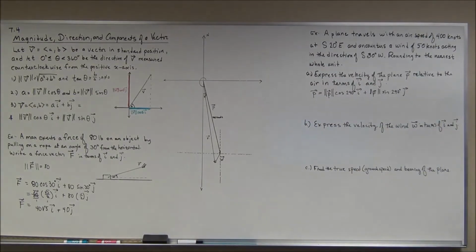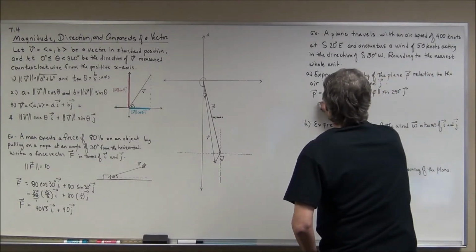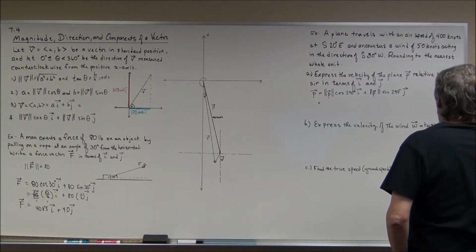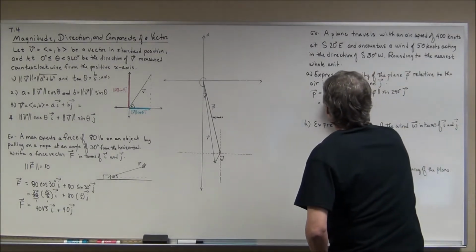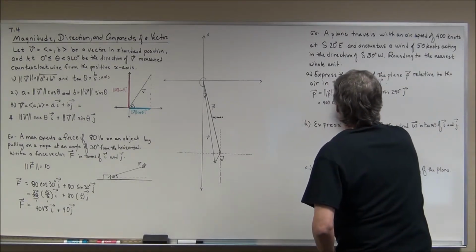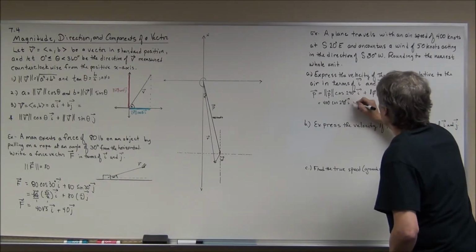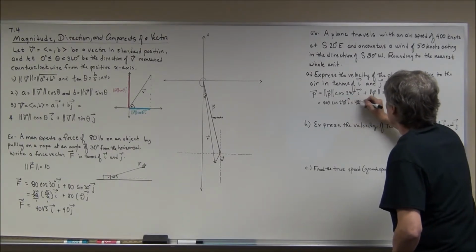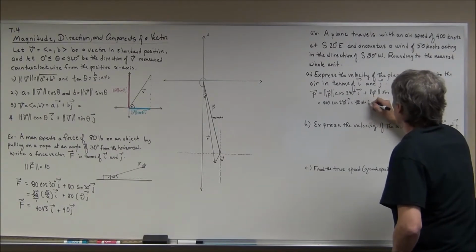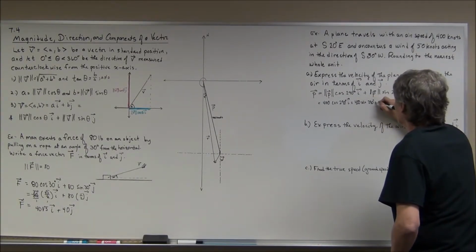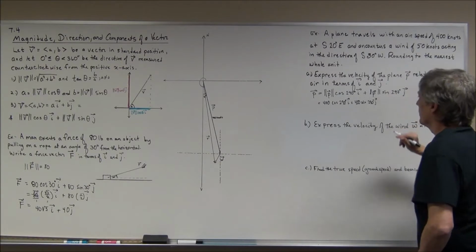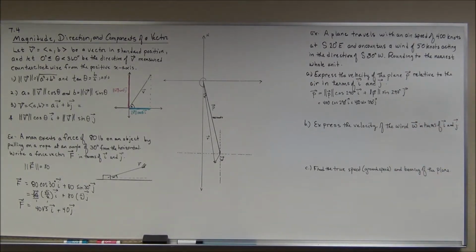Now again, this would be a really good time to have a calculator. And of course I didn't bring one. So this is going to be 400 here. The cosine of 290 degrees I plus 400 the sine of 290 degrees times vector J. So I've done this on a piece of paper from before.